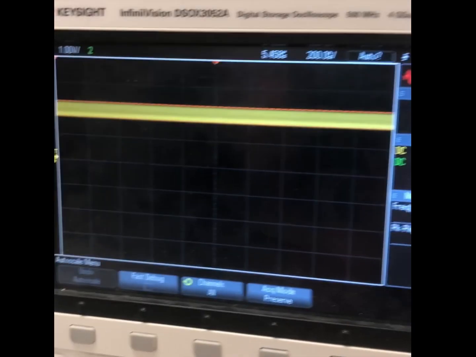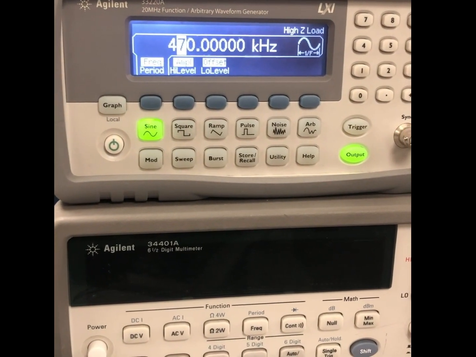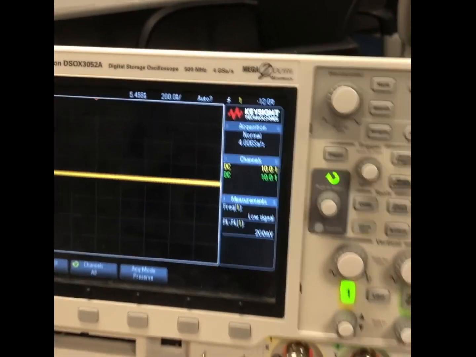I have the radio tuned to peak here at about, I don't know if you can see there, 2 volts at 470 kilohertz. If we go ahead and adjust this capacitor right here, you can see that our voltage on the oscilloscope has bottomed out.